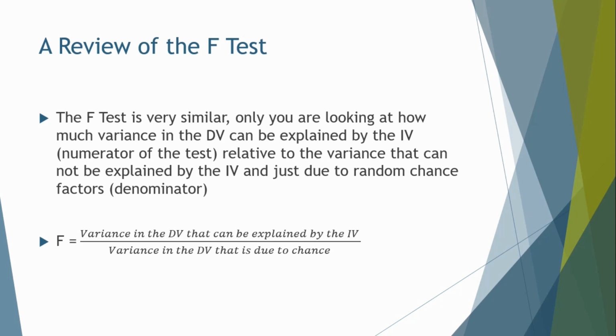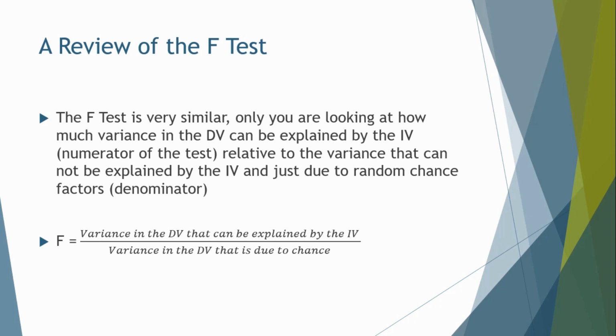So maybe you're looking at prosocial behavior. Some people will have low levels of prosocial behavior and some people will have high levels of prosocial behavior for that DV, okay? You want to be able to explain with your IV why some are low in prosocial behavior and some are high, right?